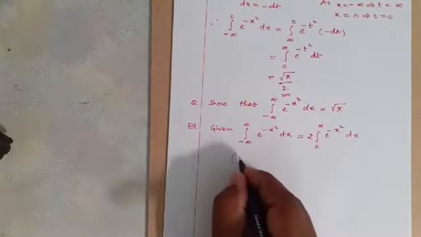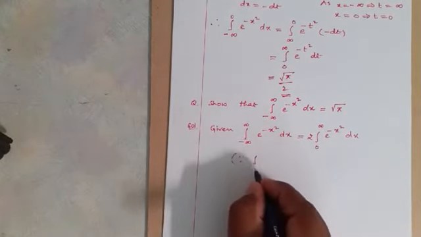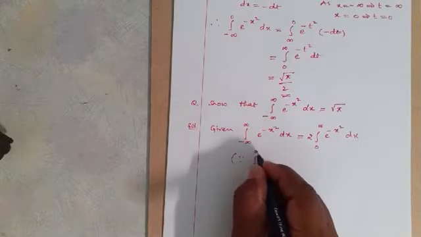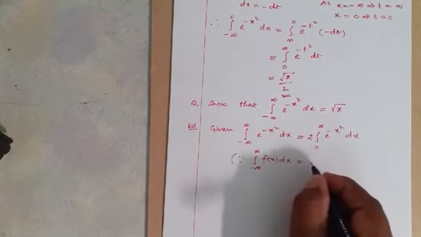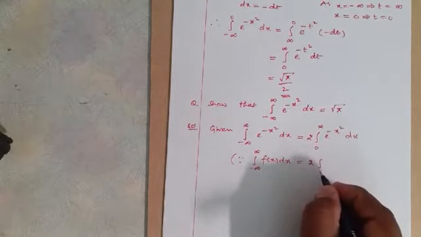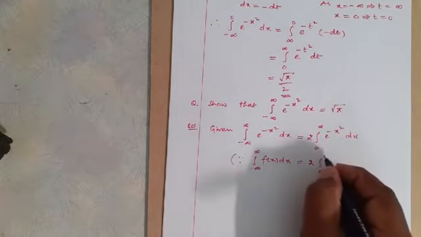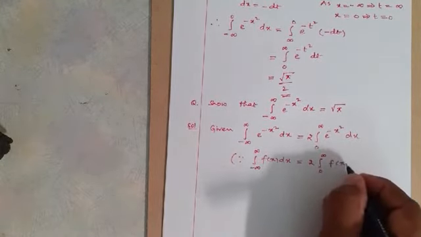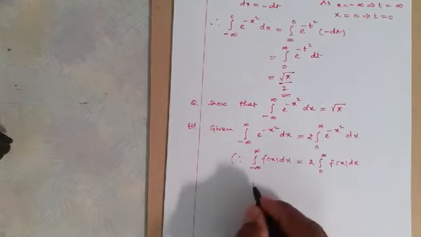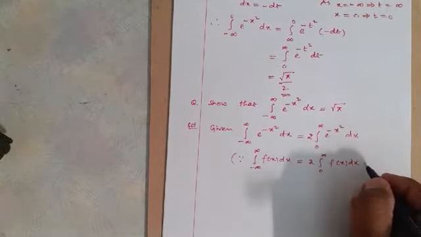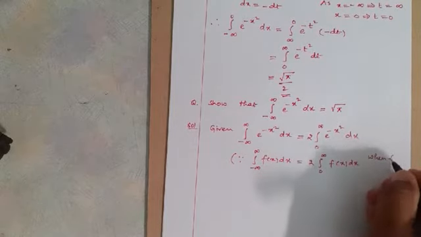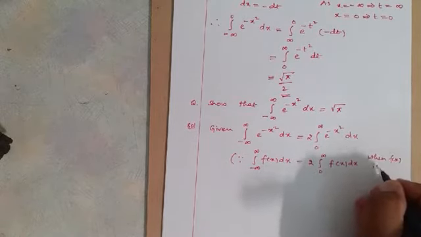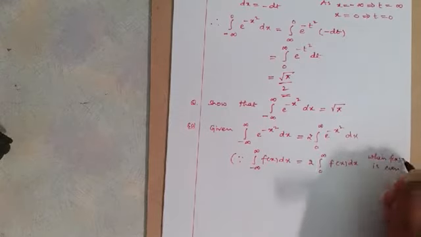So the integral from minus infinity to infinity of f of x dx can be written as 2 into the integral from 0 to infinity of f of x dx. This is when f of x is even. You remember this.